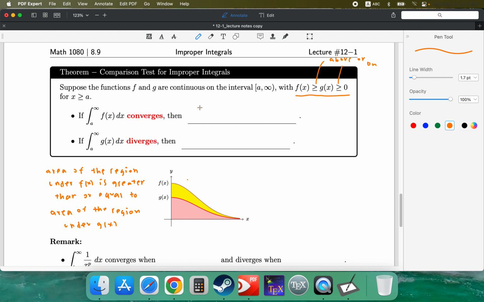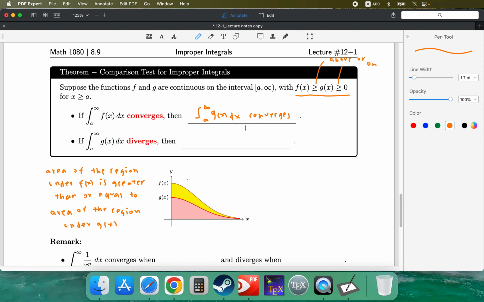So that means the integral of g from a to infinity also converges, right? Because let's say this integral converges to 5, so that means the area under f is 5. And since the area under g is a smaller number, it can be like 3 or 2, that means the integral of g converges.